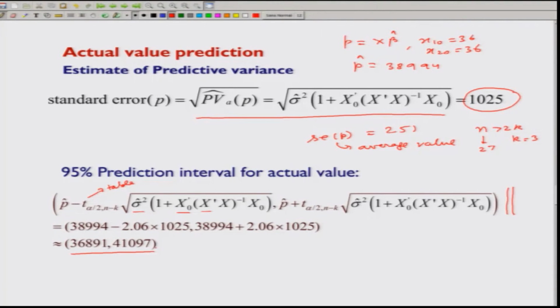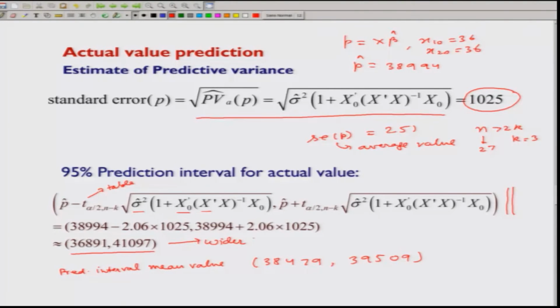The point which we have to observe here is that the prediction interval that we had obtained for the mean value prediction earlier was 38479 to 39509. You can see here that this prediction interval is wider.